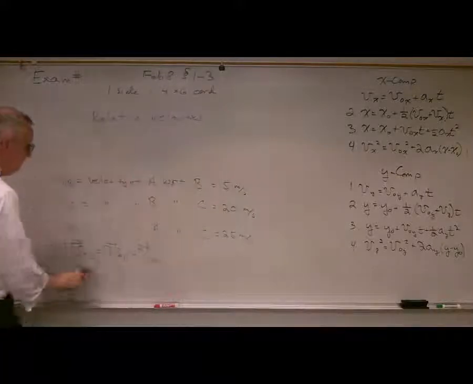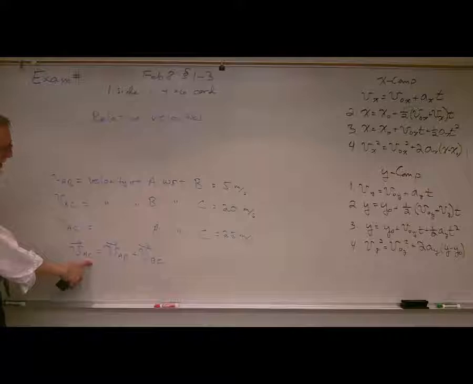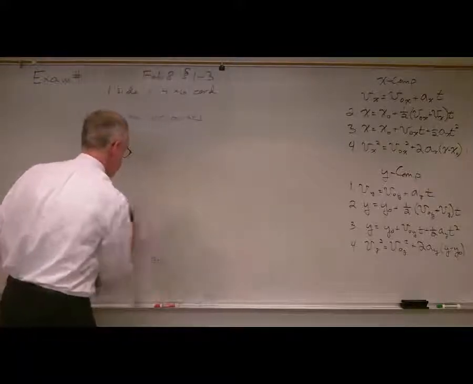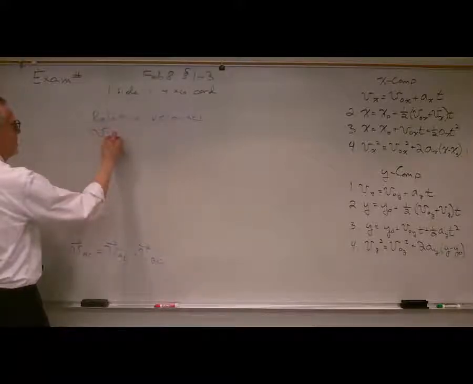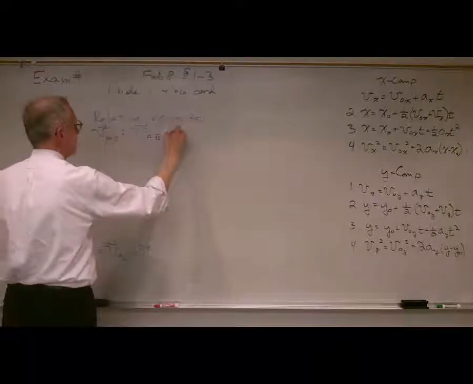Let's keep in mind, any of these values, it's the velocity of the first subscript with respect to, or as measured by, the second subscript. Let me write this back up here. VAC is equal to VAB plus VBC.